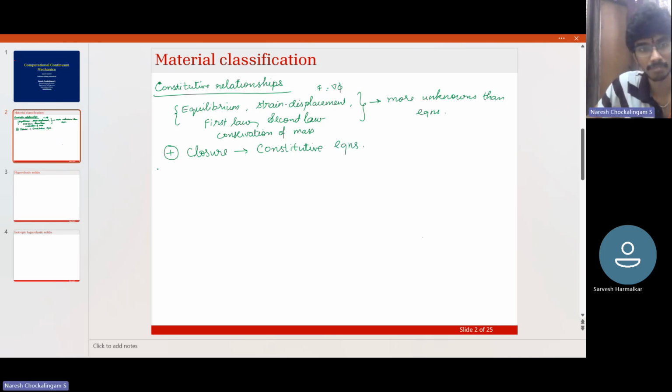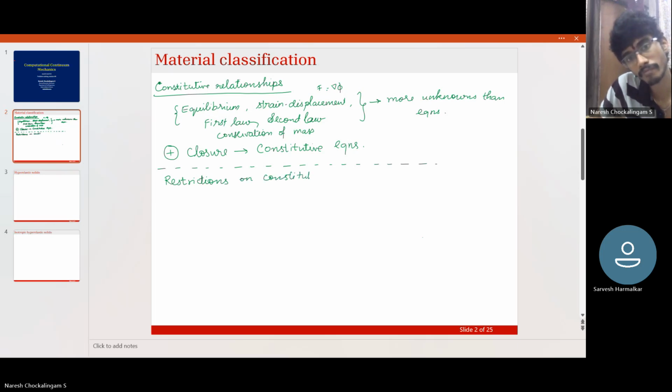So materials can be classified depending on the type of constitutive model. In addition to this, there are certain restrictions on constitutive models as well, and this was also covered last time.